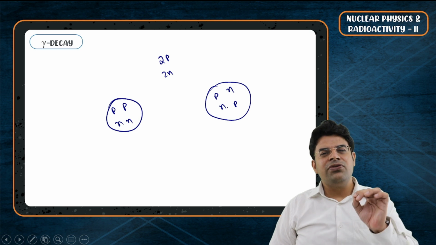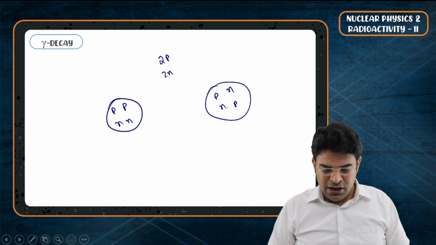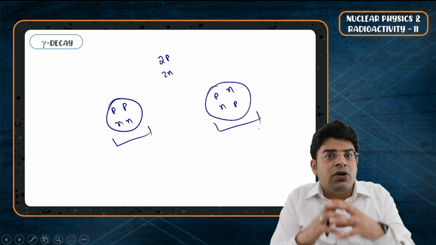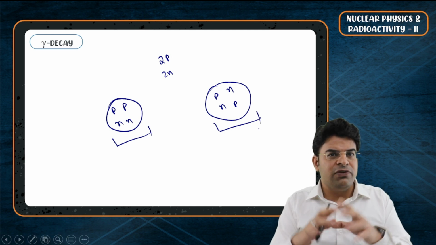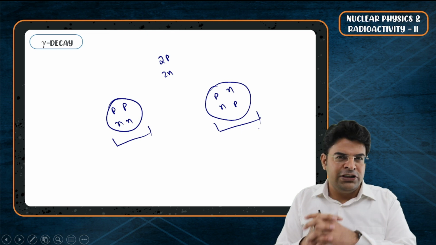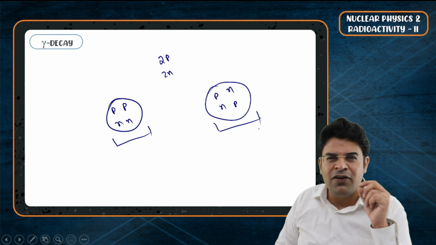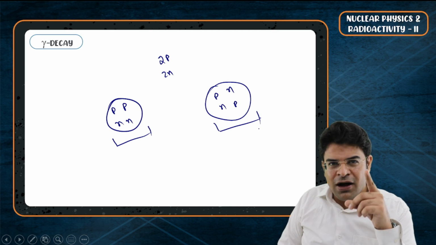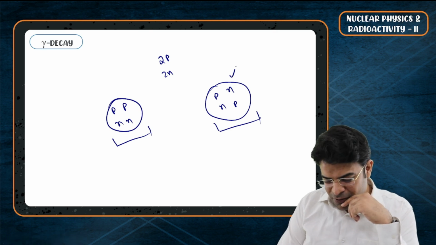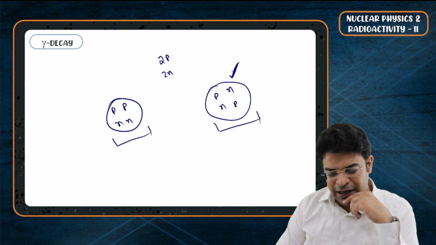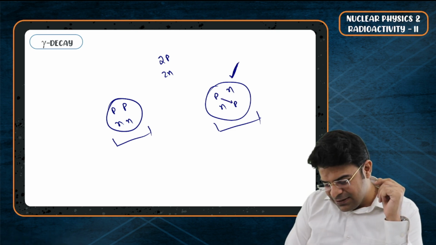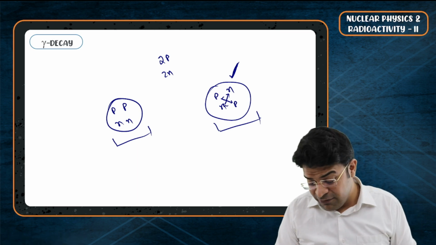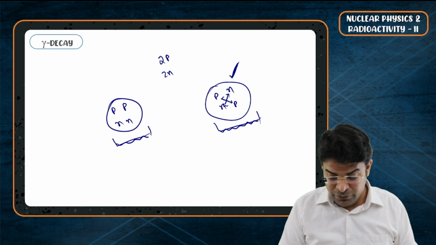I ask you to guess a simple question: will both of these configurations, or the arrangements of nucleons inside the nucleus, have the same energy or different energy? And does your heart tell you that one of them will be more stable than the other? I know that your heart is telling you that this one will be more stable. And why? Because you can see that here it's a more symmetrical structure. So this will have different energy from this one.